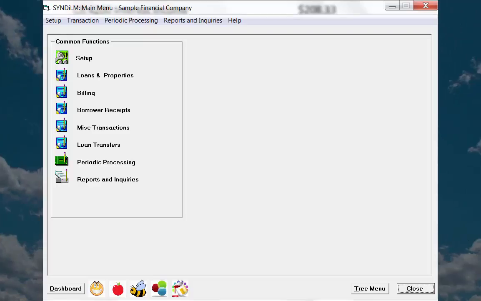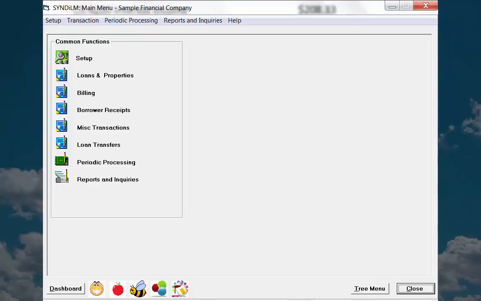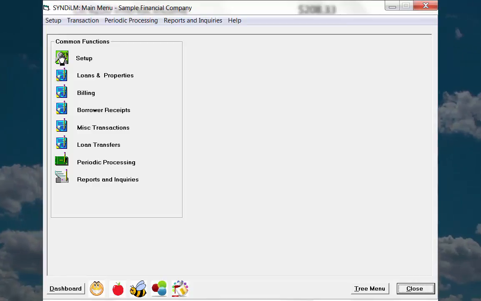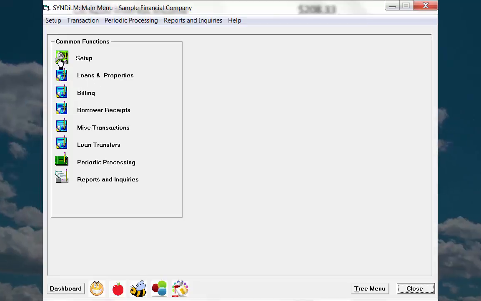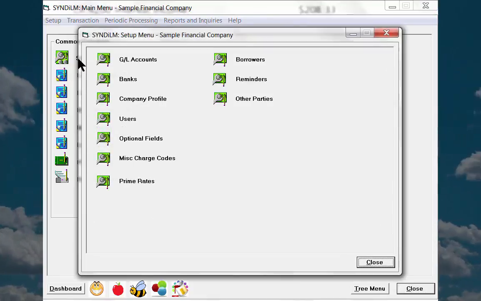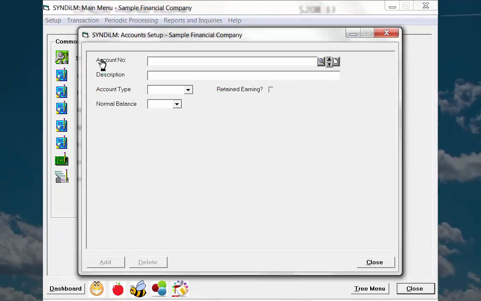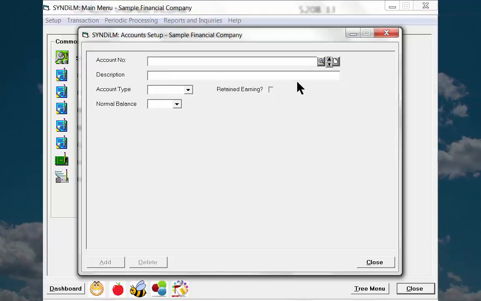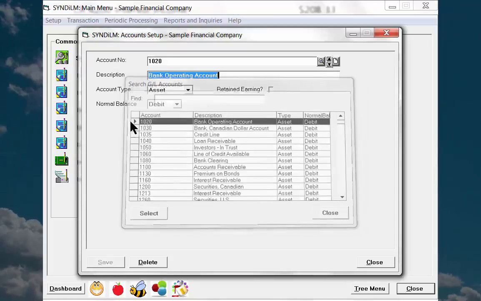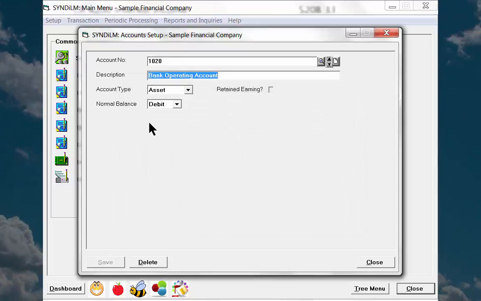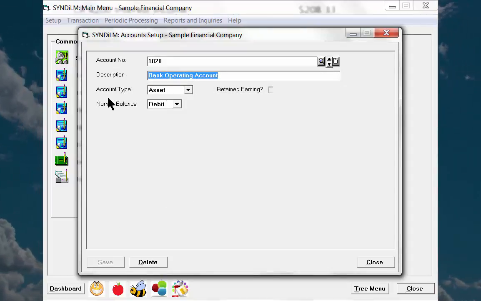Let us now see how to update the chart of accounts in Cindy. Go to the Setup menu from the main menu and click GL Accounts to open the screen. If you go to the Finder, you can see the list of all GL accounts that have been set up. So take for example 1020, and it is the bank.